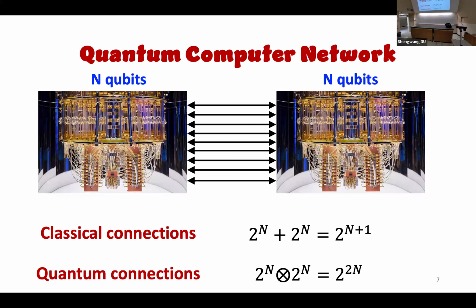We hope that if we have 10 qubit quantum computers and we connect like 16 computers together using quantum mechanics, then we can make a 300 qubit quantum computer. It's a super quantum computer, which could simulate almost anything in this universe.